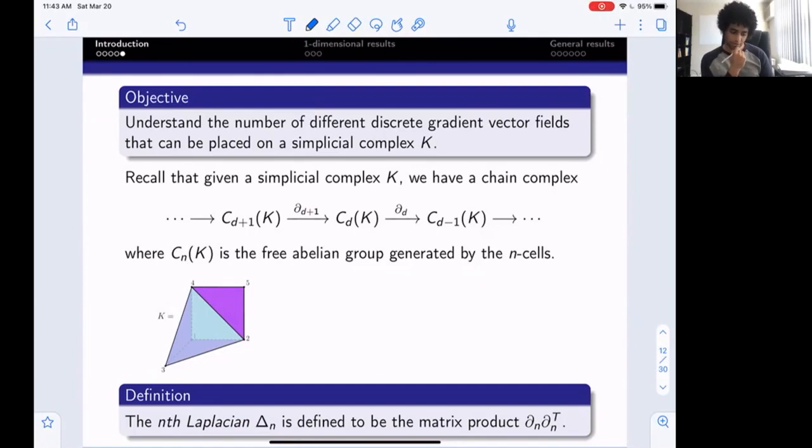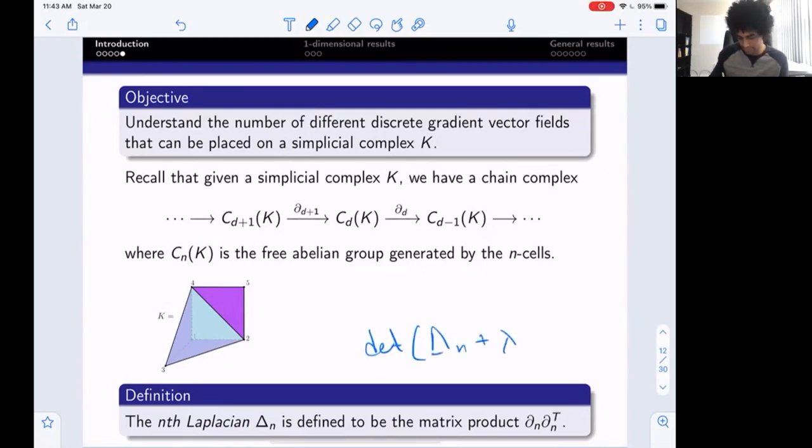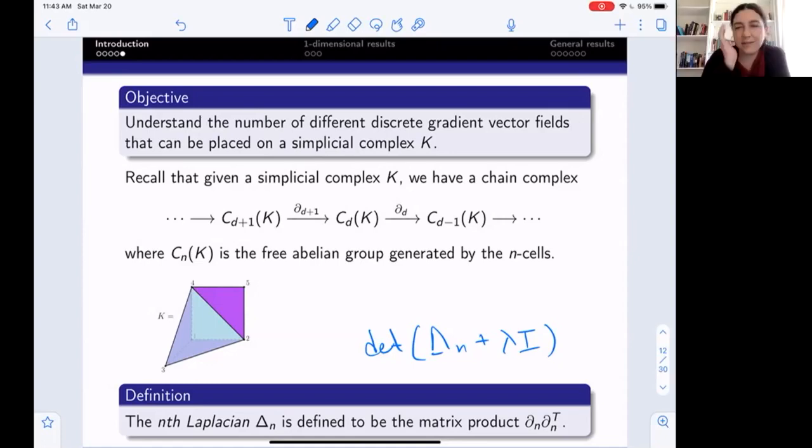So we're going to lead towards showing a connection to the characteristic polynomial in general, but we'll start off by proving this in the one-dimensional case. So given a graph, the gradients are counted by the characteristic polynomial. I see. So you're going to start with a simplicial complex that's just a graph. Yeah, exactly. Okay, thank you. No worries.